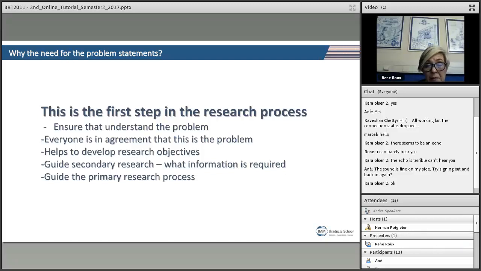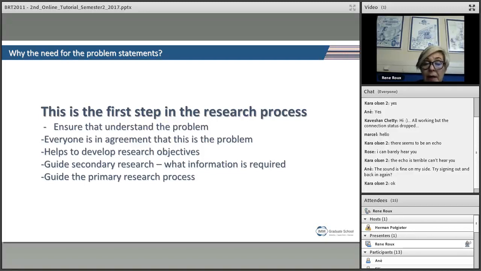The first step before you can get to the business problem is you need to understand the problem. You need to really make sure that everyone is in agreement that this is the problem. It sounds stupid, but if you have multiple parties in an organization that have an interest, they all might have their own ideas about what is the problem.